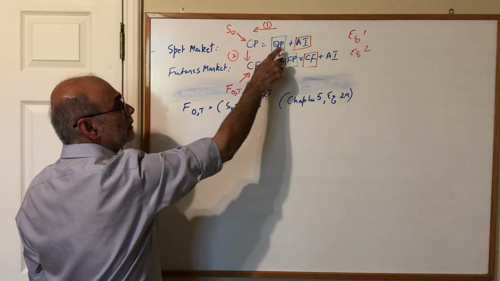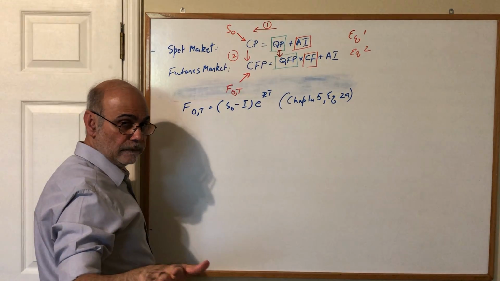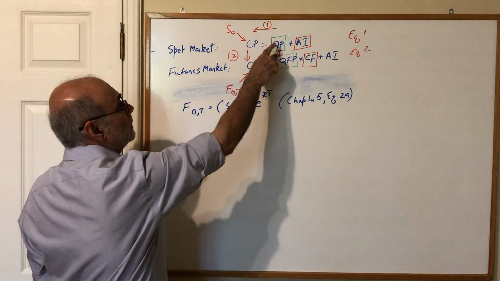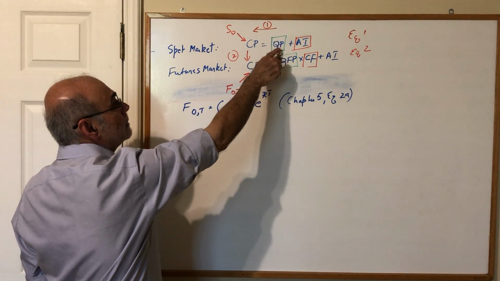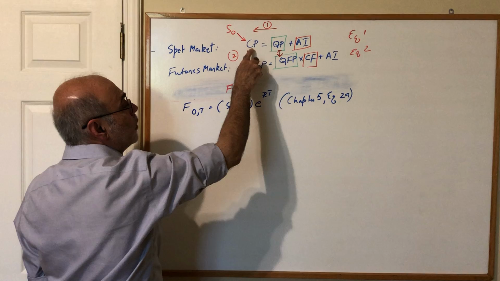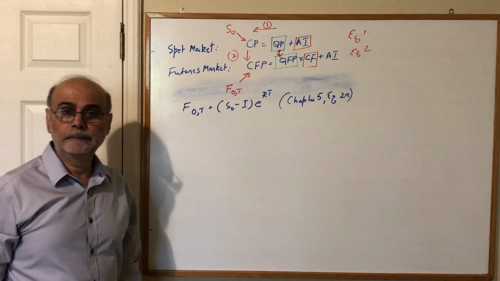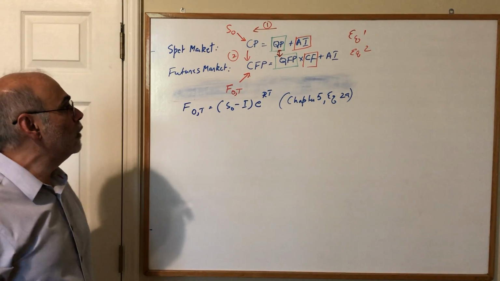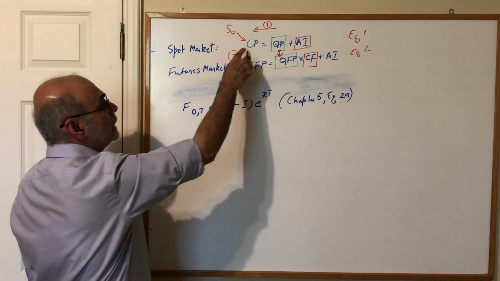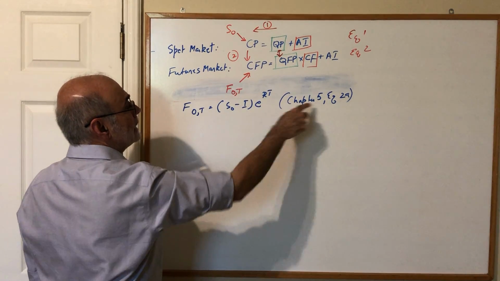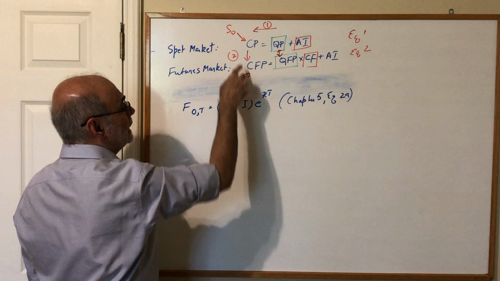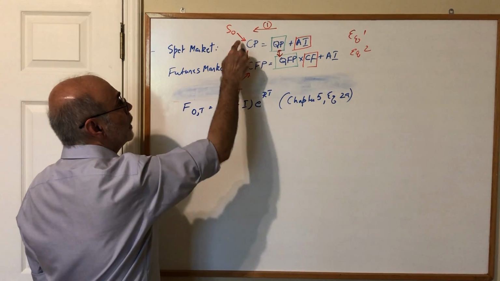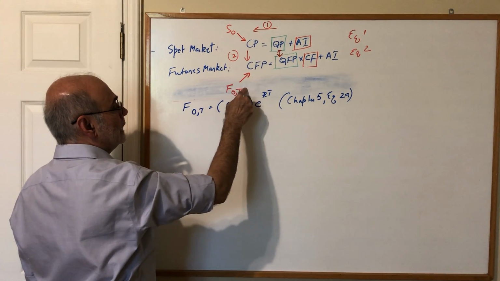Step 1, remember the green boxes are what I observe. They are the observables. So the first step is using that observable, I can use this equation 1 to infer S0. Once I know S0, I can use this equation in step 2. Step 2 over here, I can use this equation where I know the spot price to calculate the futures price.